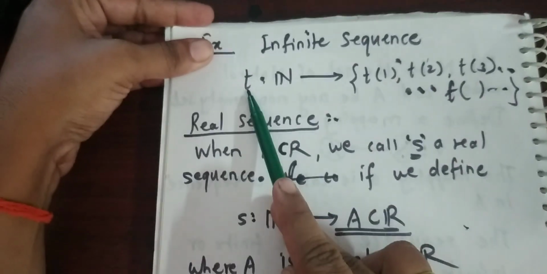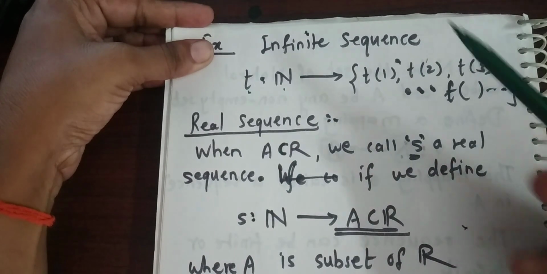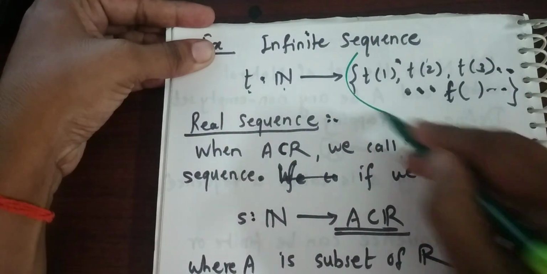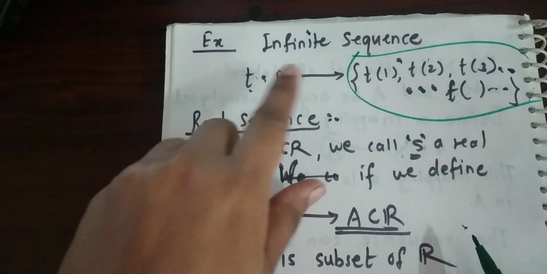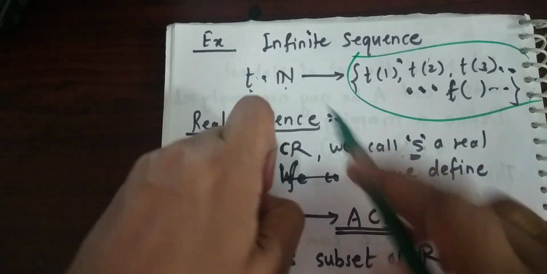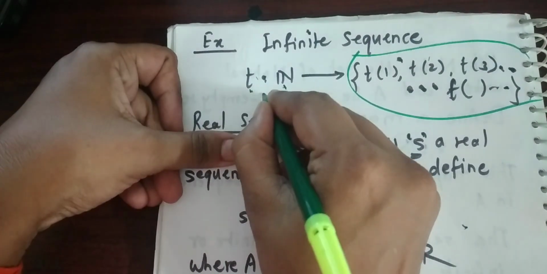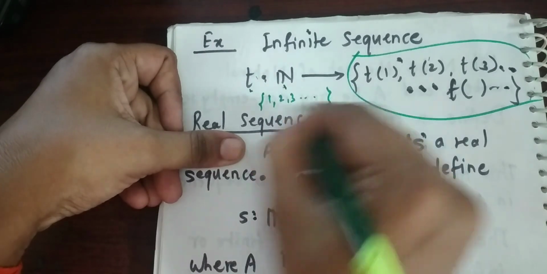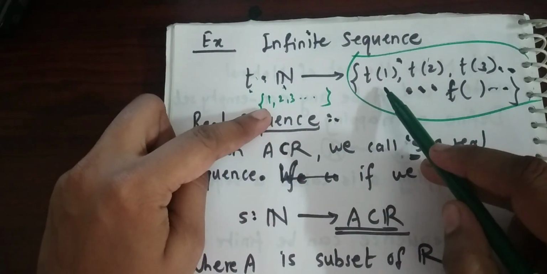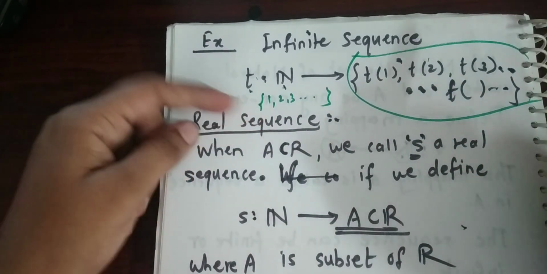Suppose this is a sequence T, with codomain as shown here. The set of natural numbers is 1, 2, 3, 4, 5, 6 up to infinity. The image of 1 is T(1), the image of 2 is T(2), the image of 3 is T(3) and so on.